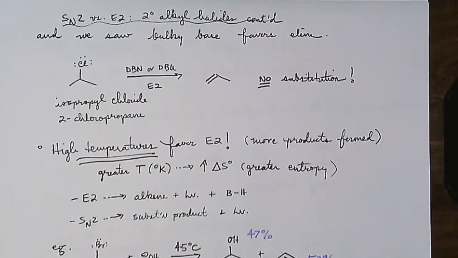Secondary alkyl chlorides continued. Now a bulky base, remember, favors elimination. So if we move on to a bulkier base like DBN or DBU, we would again see elimination as the major product.